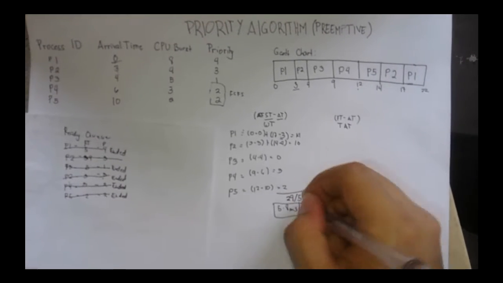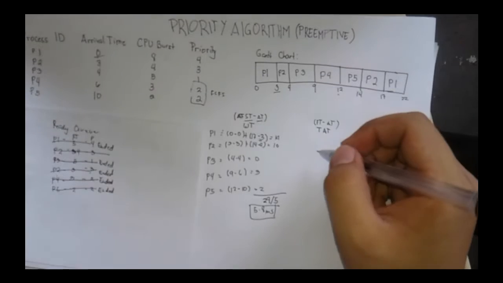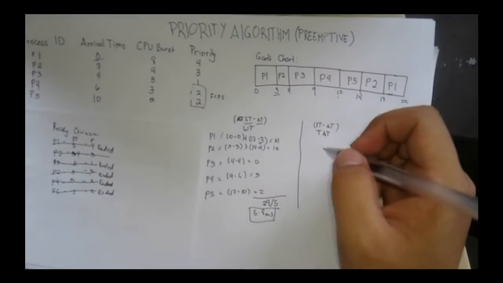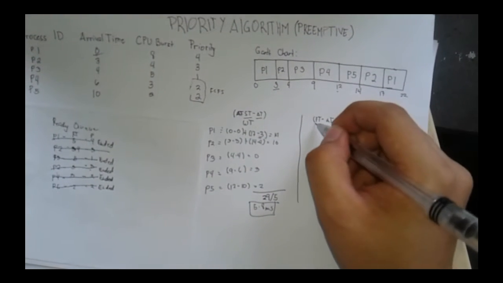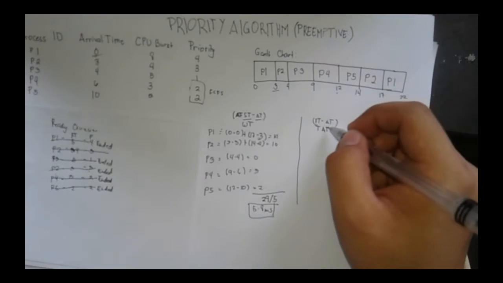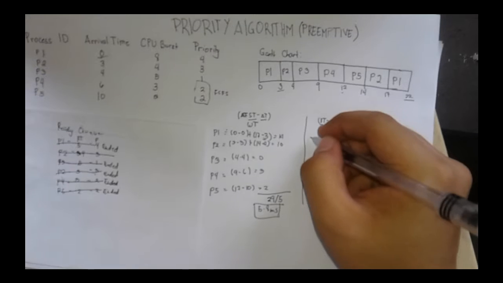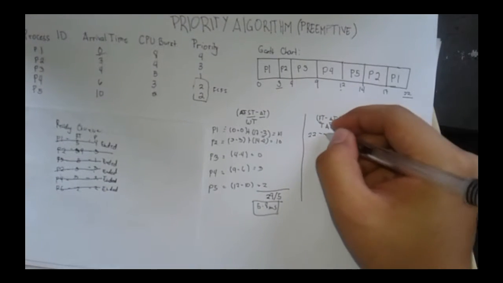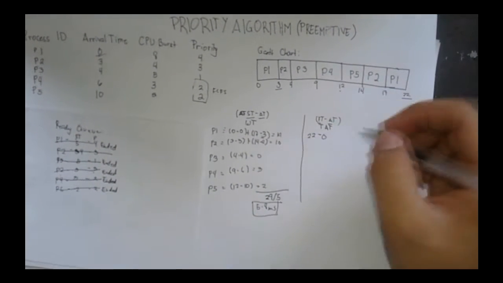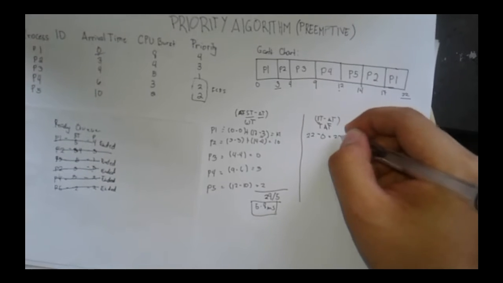So here in turnaround time, we have the formula: finish time minus the arrival time. So for P1, we look for the 22. So 22 minus 0, since 0 is the arrival time of P1, so it will be 22.